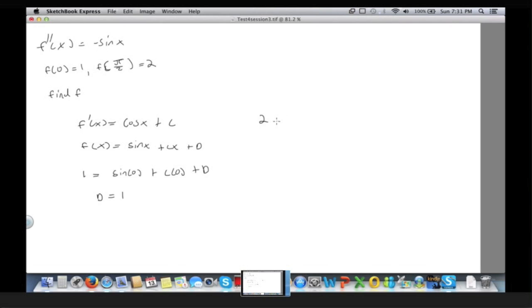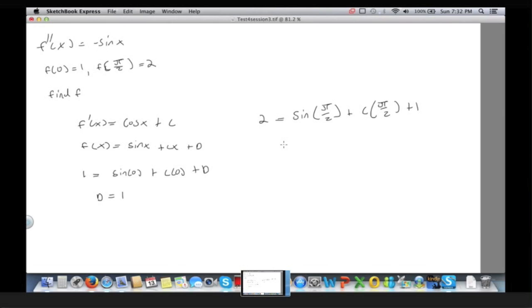So 2 equals the sine of pi over 2 plus c times pi over 2 plus 1.